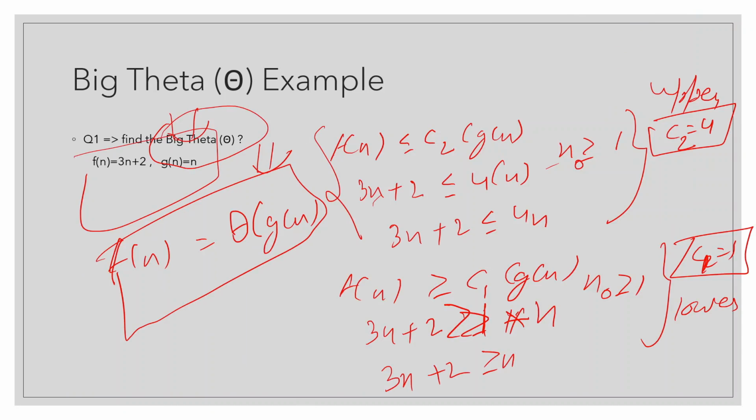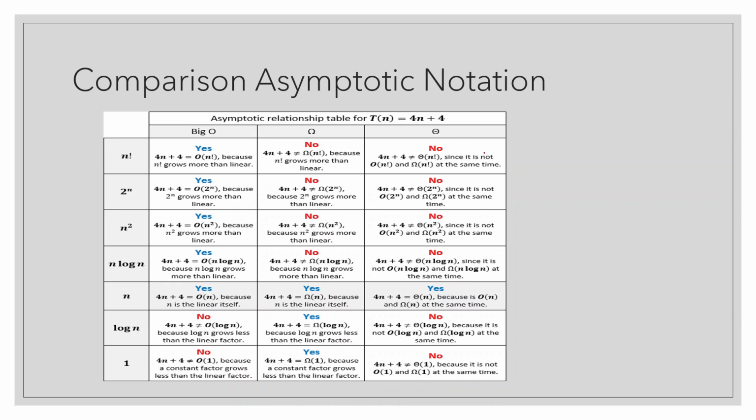So you can easily understand. To clarify this confusion, in the next slide I show you a different comparison. Here this is our T(n), this is our algorithm function f(n), and these all are g(n) that we see one by one.